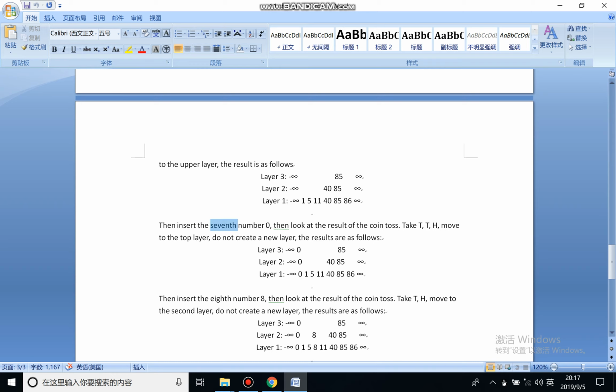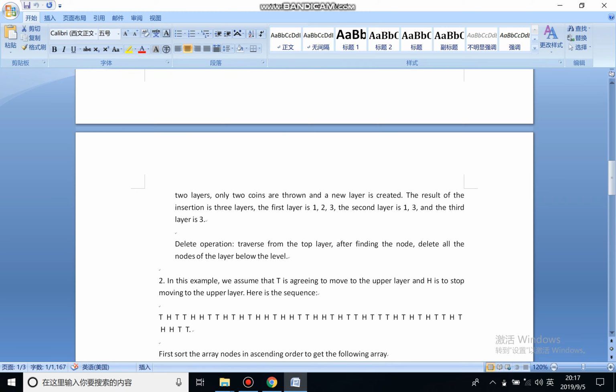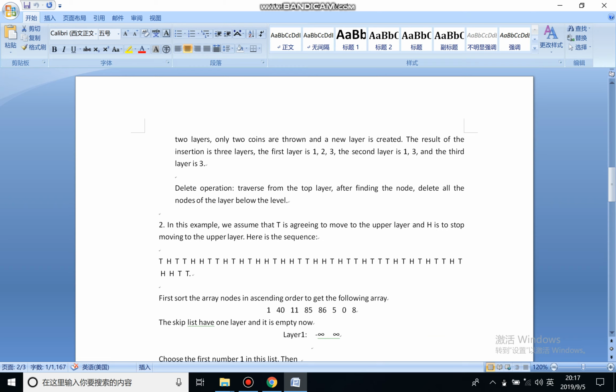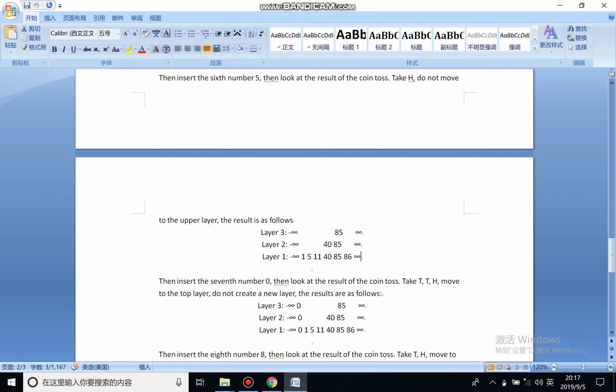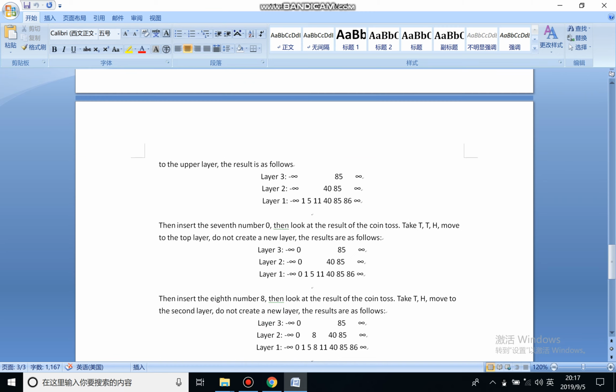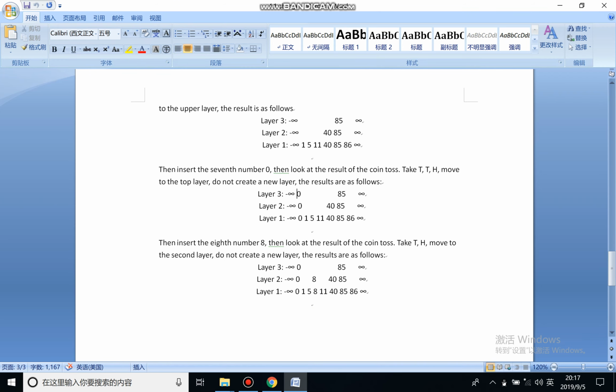The seventh is the number 0. The 0 is inserted here first and look at the coin flips. The flips are TTH. We have three layers now, so we go to the higher layer, but it is H at the end, so we don't create a new layer.